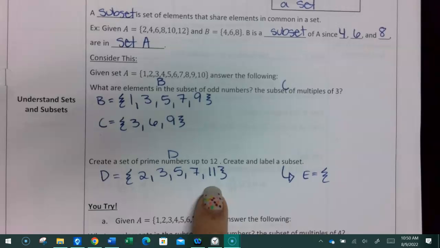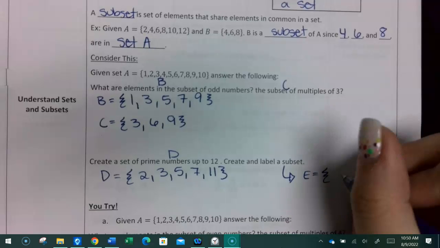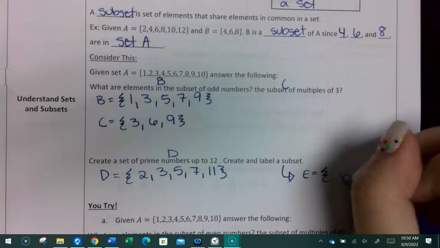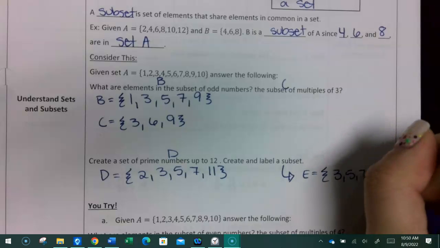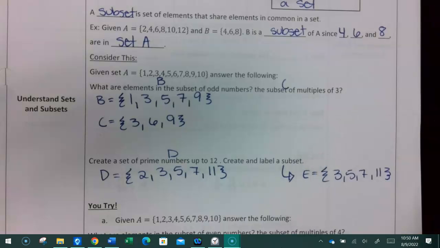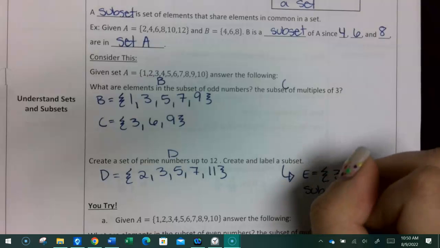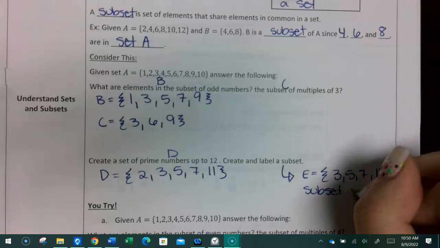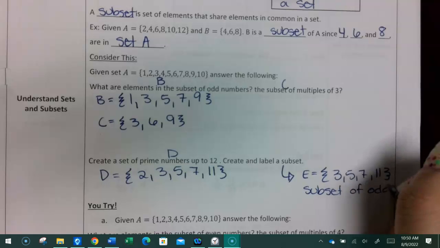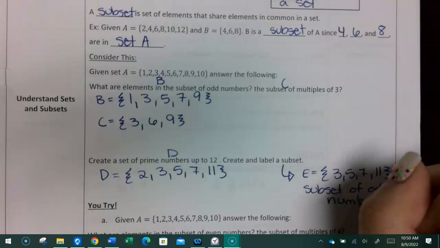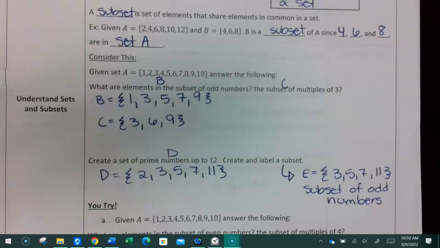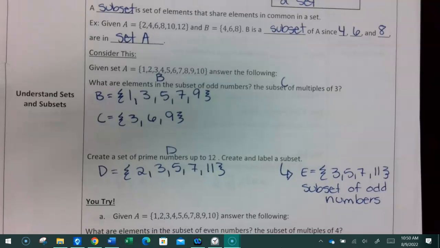Do you want to do even numbers or odd numbers for our subset? Okay. What are my odd numbers? Okay. Any questions here?